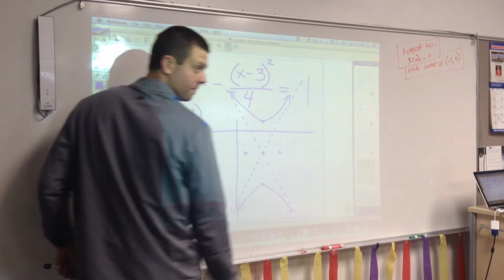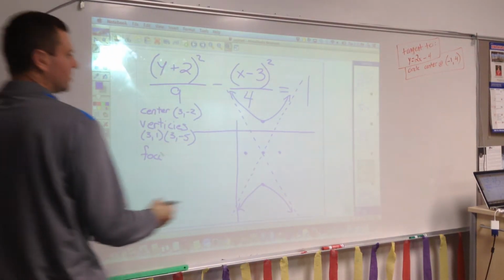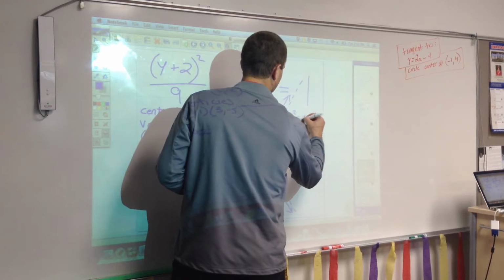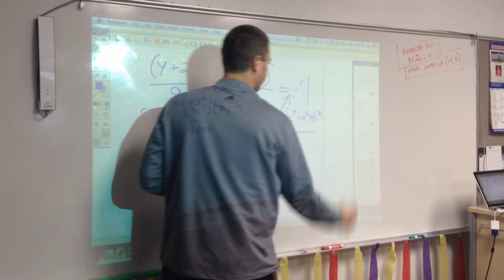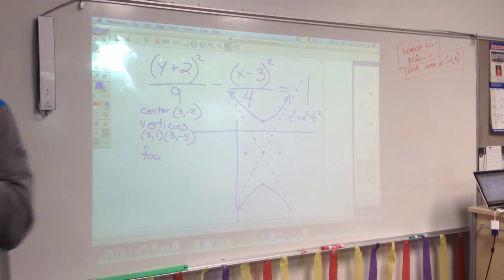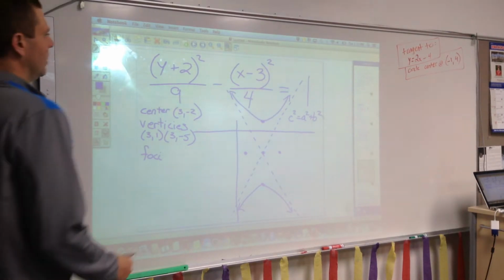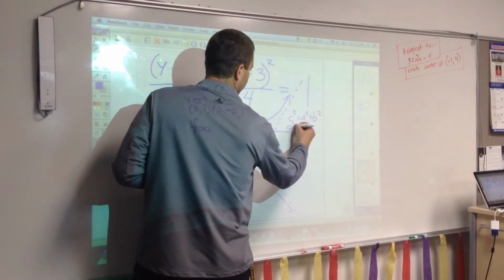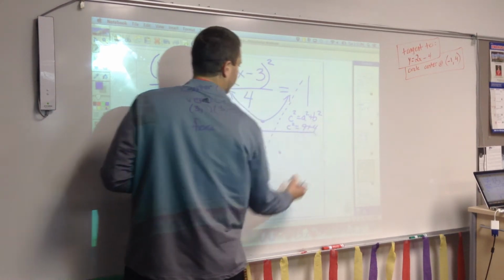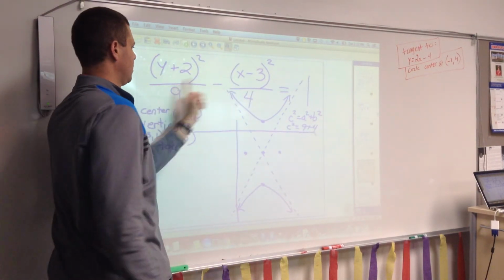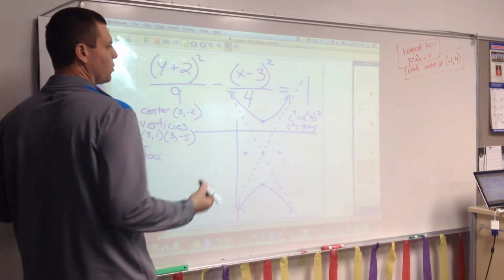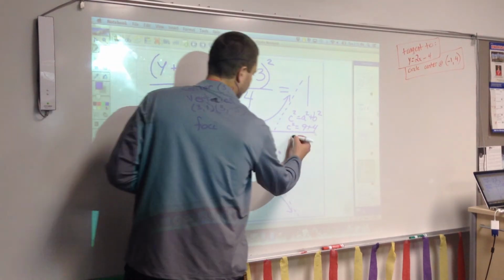Everybody with me? So in this case, C squared will equal A squared plus B squared. The largest one is always one by itself, just like in Pythagoreans. So in this case, C squared equals 9 plus 4. So C squared would equal 13, or C would equal the square root of 13.